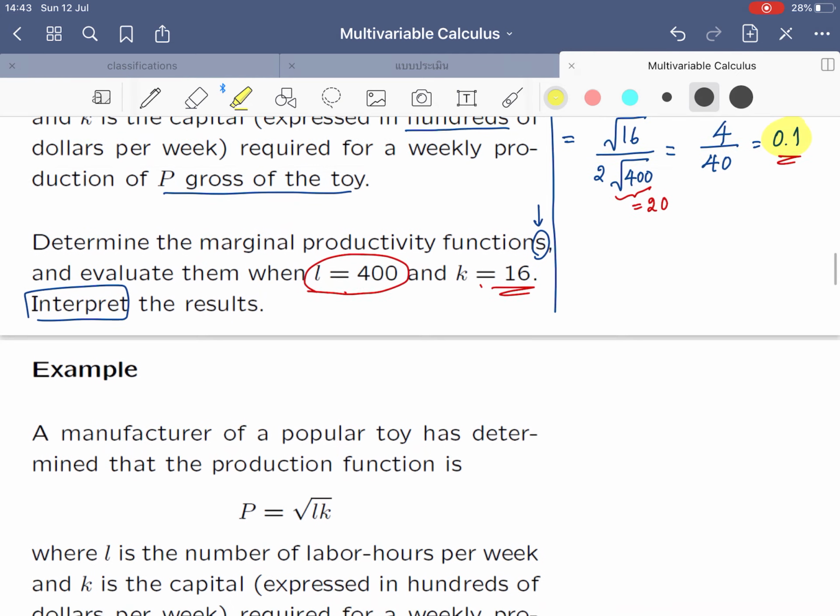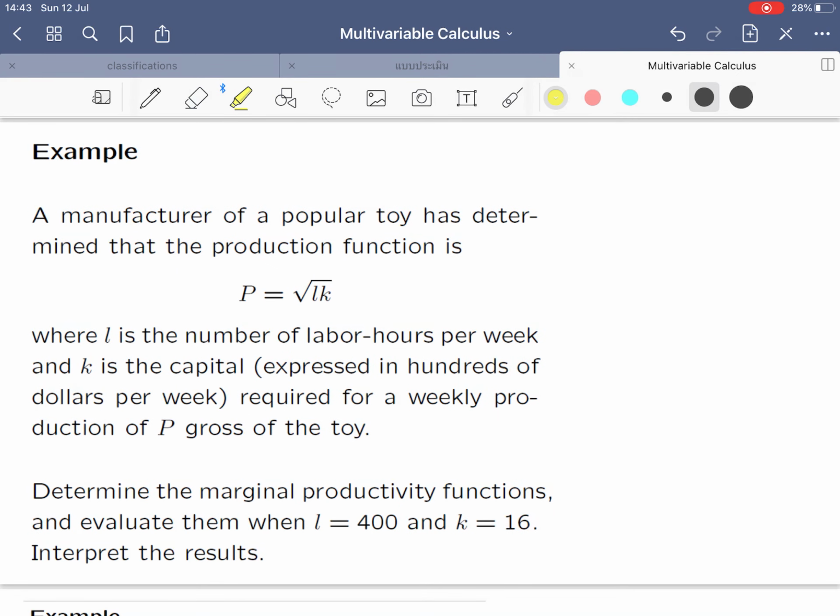So what else can we find? The other thing we can find is the partial derivative with respect to K, of course.